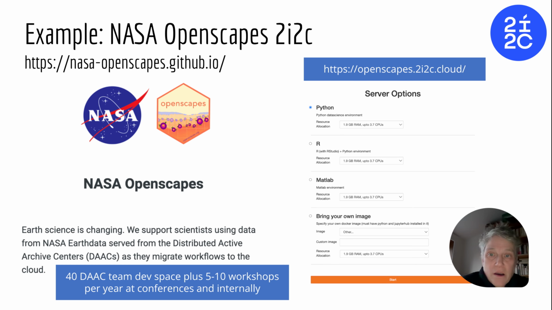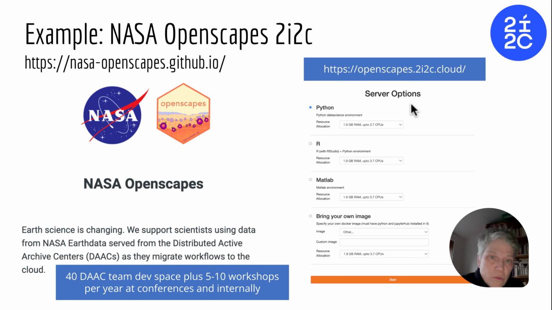And the NASA OpenScapes team also has a 2I2C hub, and they do a lot of trainings on this, and it supports like 40 members from the data centers, and then they have 5 to 10 workshops, maybe more, per year. They teach a lot of workshops off this.